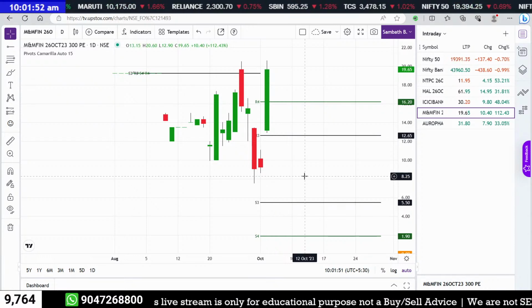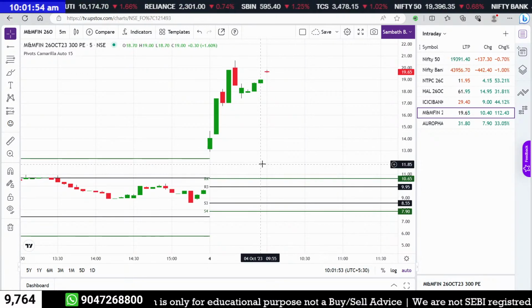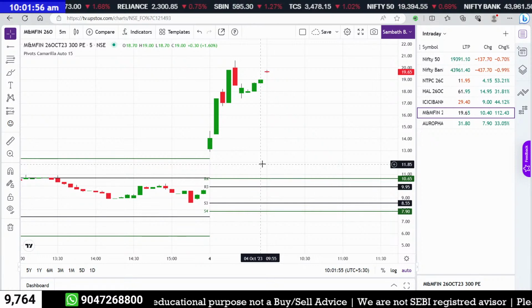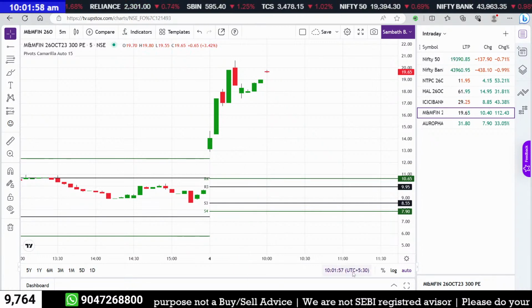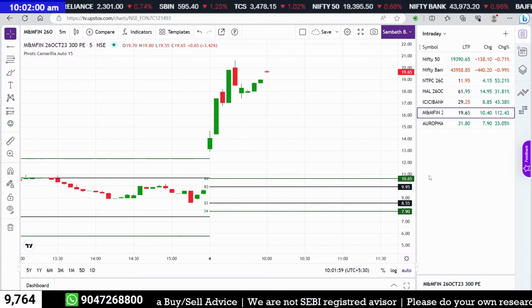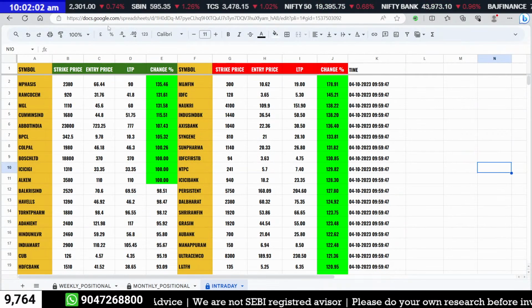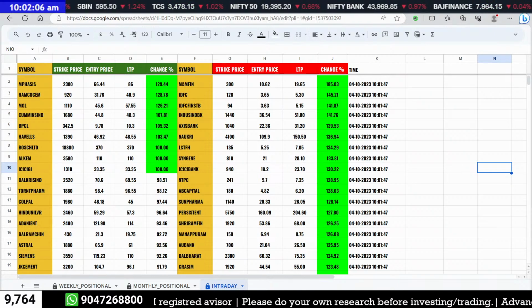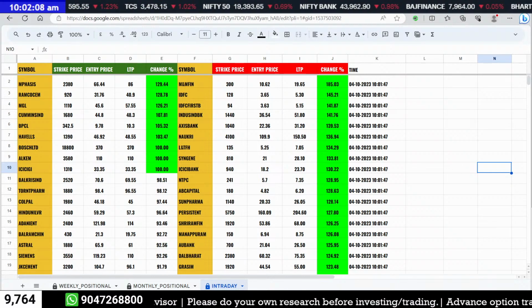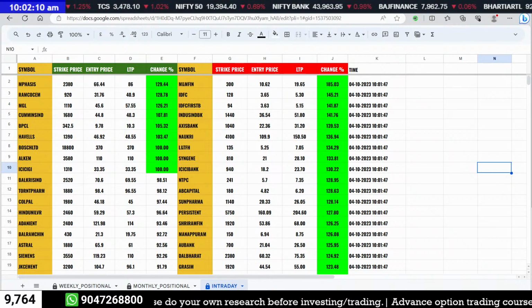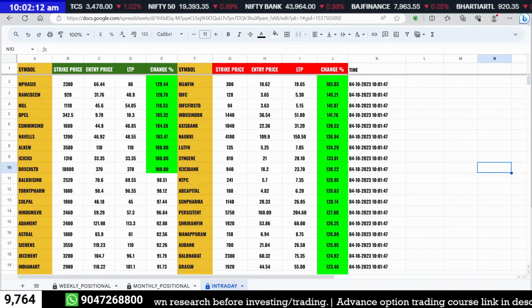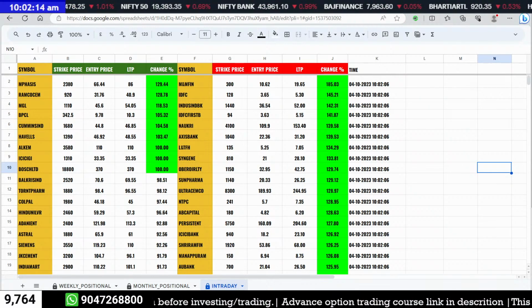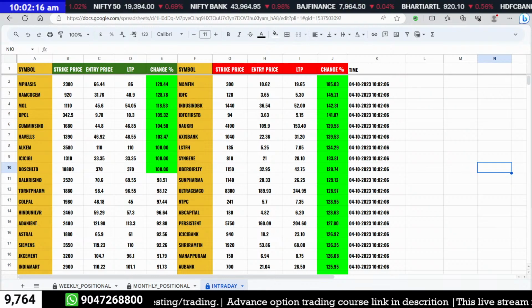I think again M&M, a 1.5 rupee move, but a risky trader can play. But a low-risk trader should simply avoid such a thing. So I say now again 29.24, only the breakout which we are looking for.